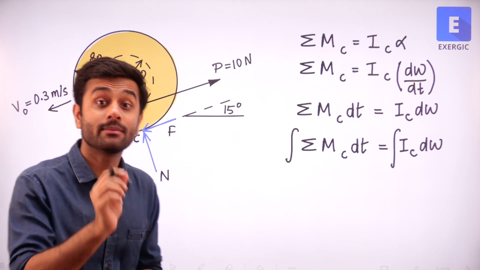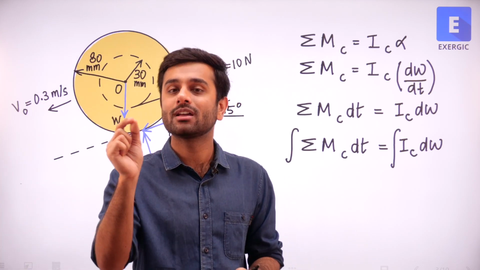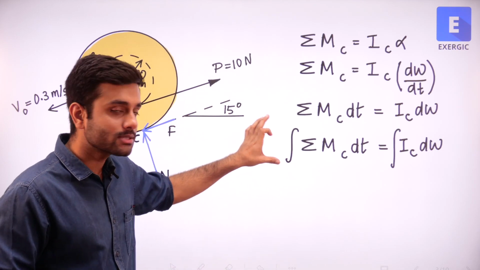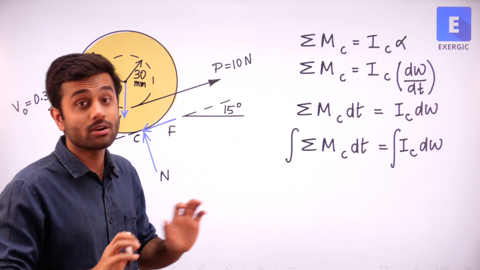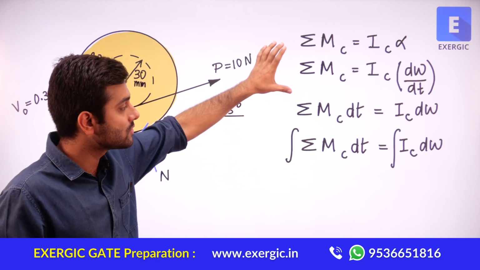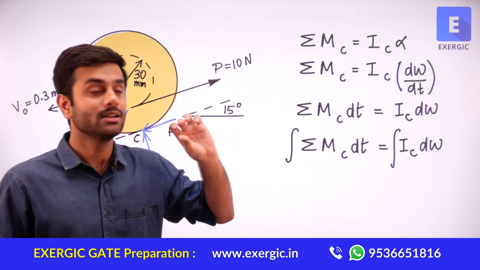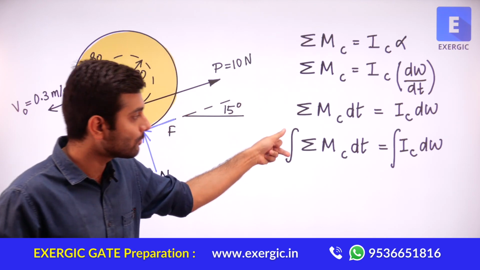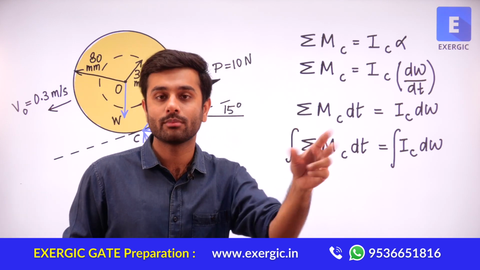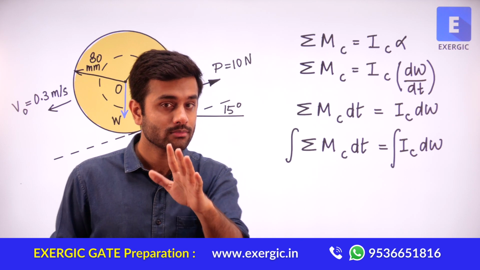Correct? But there can be some cases where you may have a variable force. In those cases, this equation is going to be helpful. I am not asking you to mug up this equation, but this is one possible way in which the simple equation can get modified and be used for cases of variable moment or variable force. Got the point?